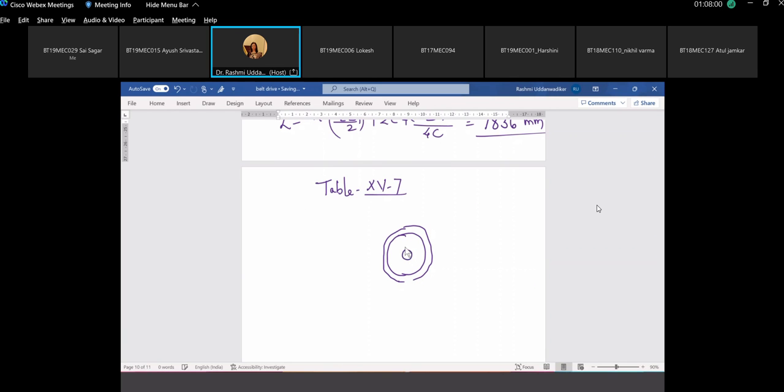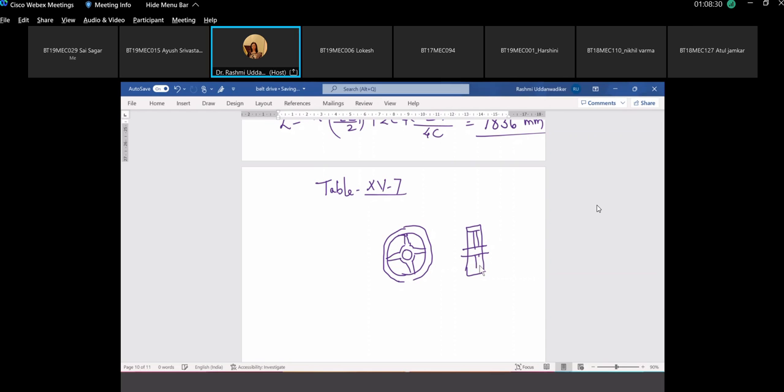You will have a shaft and you will have a hub. These are the 4 arms. This is your rim, and you have a shaft, and you have only one set of arms.